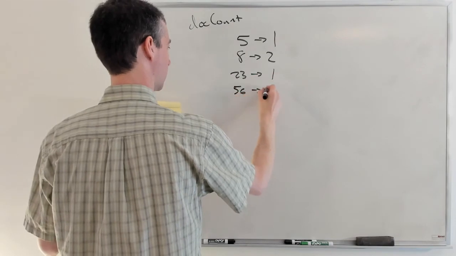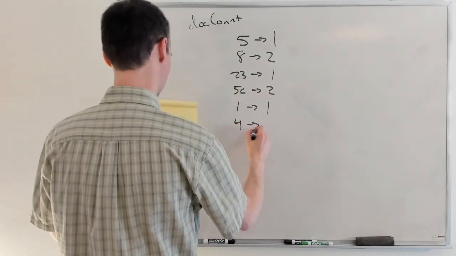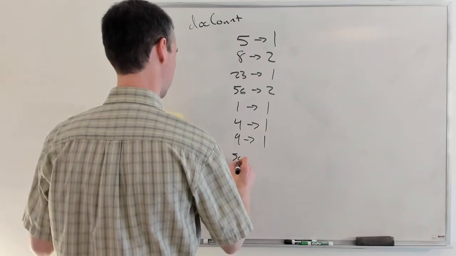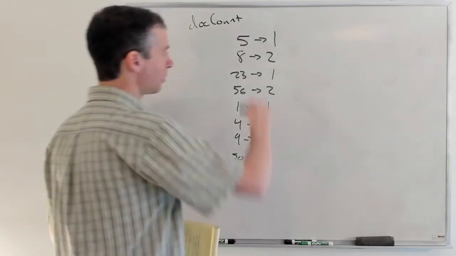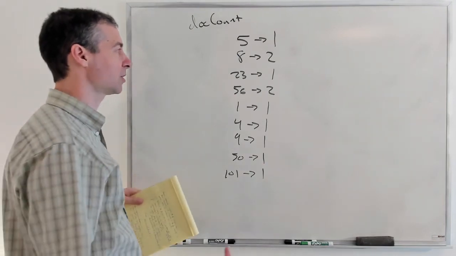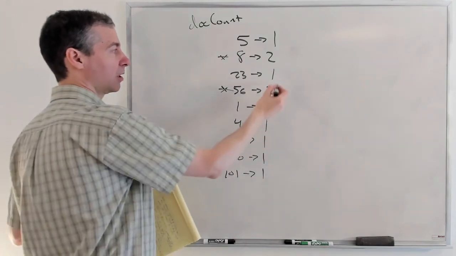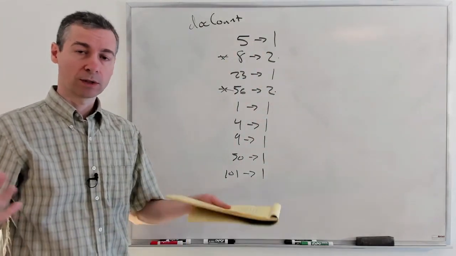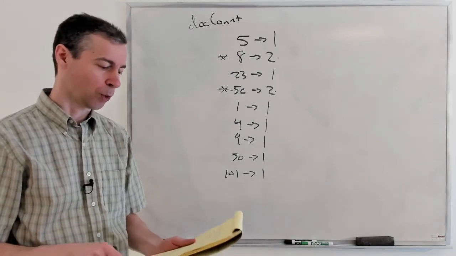Document 56 goes to a count of 2. 1 goes to 1. 4 goes to 1. 9 goes to 1. 50 goes to 1. And 101 goes to 1. And so then when we loop through these and we go, hey, our query had 2 query terms in it, only doc 8 and doc 56 have a count of 2. So those are the documents for which the result set would contain, which is what we said before.